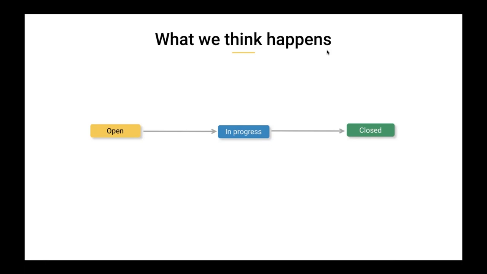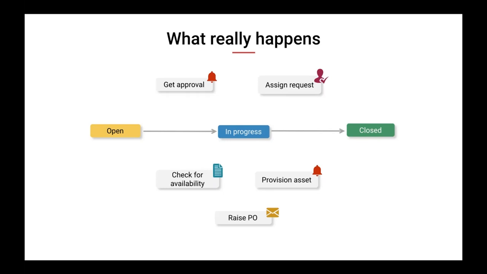But what really happens is there are a couple of other statuses and transitions which we fail to notice. When I create a request as a requester, the technician who's going to work on this request is going to be guided with a couple of other options, such as the approval.